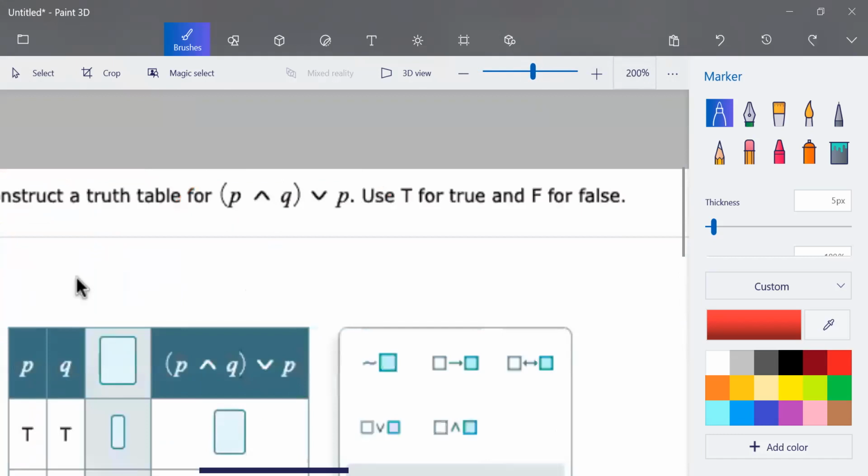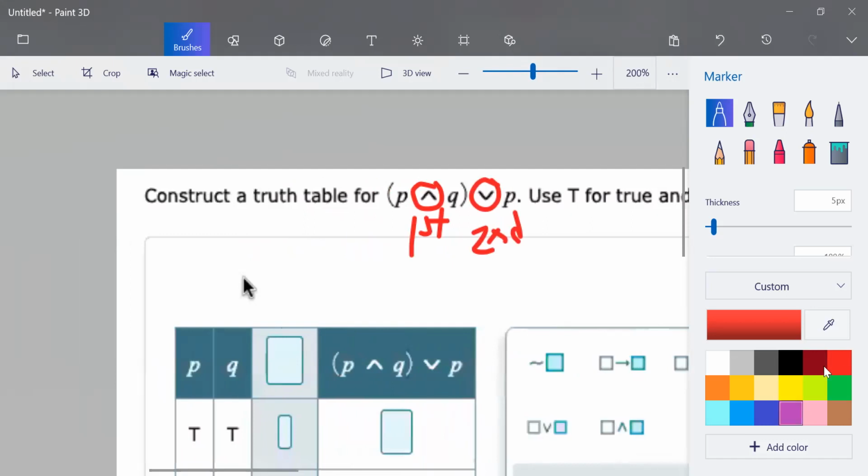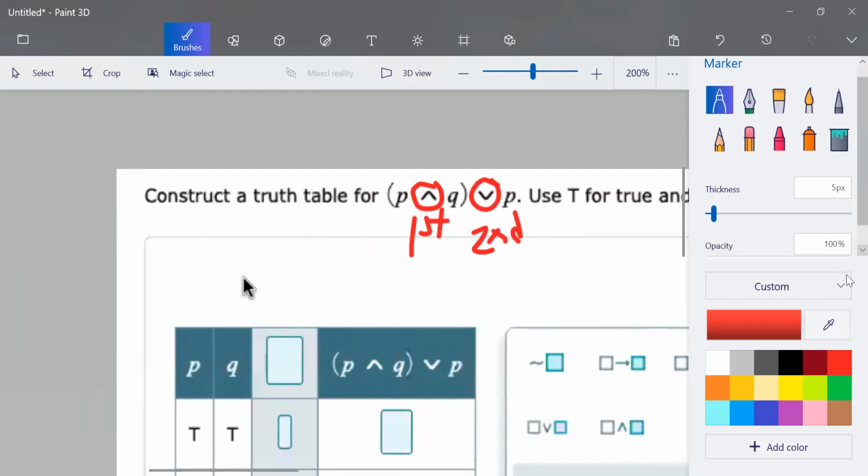So in this one, we would do this guy first and this guy second. And what that first and second tells you is how you're going to set up your columns. When you set up a column, you set it up around a connective or a negation, whichever one you happen to be looking at a time.